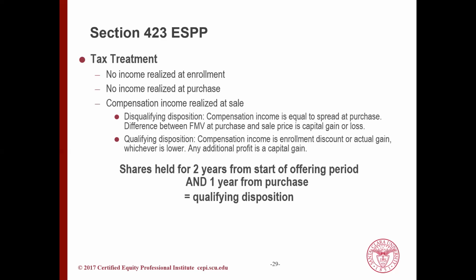In this case, it's a loss of $10. For a qualifying disposition, the compensation income is the discount at the enrollment date FMV or the actual gain, whichever is lower. This is again reportable on the W-2. Any additional profit is capital gain.